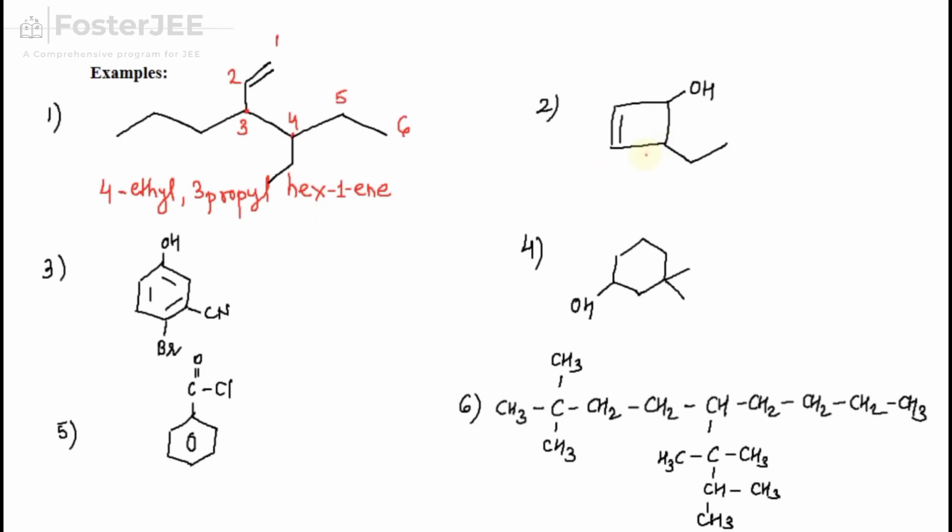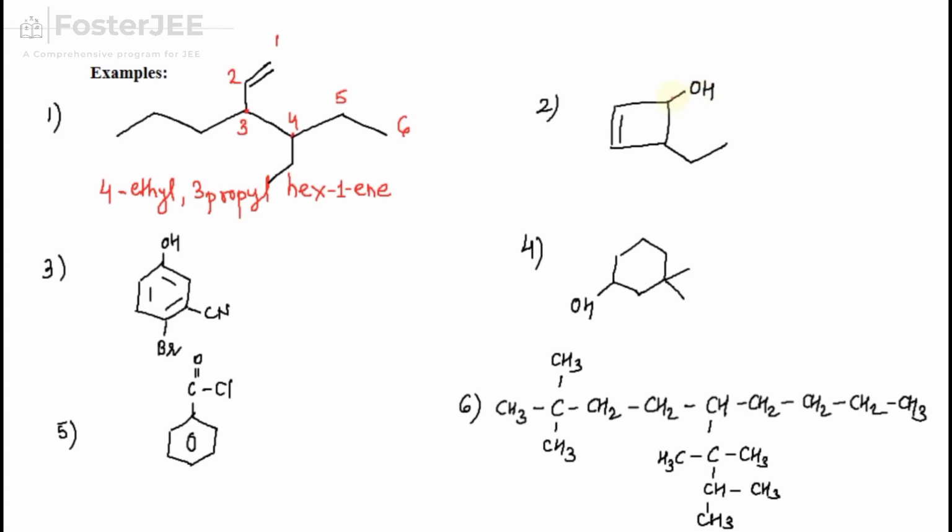Now the second one. Here we can see that the alkyl group has 2 carbons, and the cyclic compound contains 4 carbons. So the alkyl group will be the substituent group. Now we know that the numbering starts from the carbon atom having the functional group.